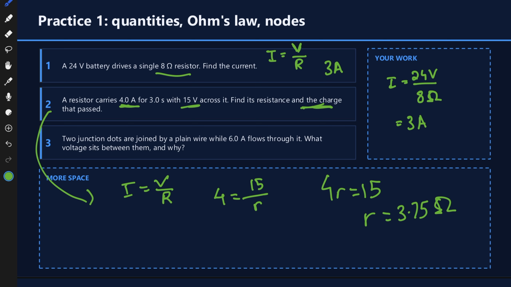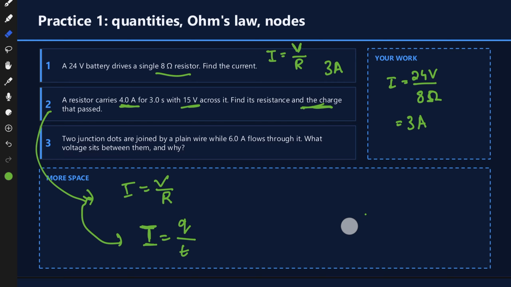So for this, we'd have a second equation for current that we can use to relate it, which is the current is equal to the charge over time. Okay, so think of it as a velocity. How fast is it traveling, charge per second? Or how fast is the charge changing per second? It's a bit complicated to explain here. I'll do that in my other video, but just look at it like that for now.